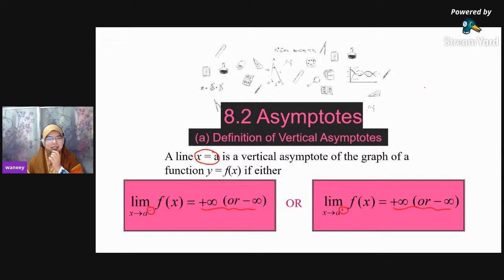Right, so now let me ask you one thing. If you have a function f(x), when can we get an infinity, either a plus or a minus? This one we already learned yesterday, but since we just started, let us do a bit of recall. When can you get an infinity? Do you guys remember how to get an infinity? Ingat ke macam mana nak dapat infinity? Cuba tulis.